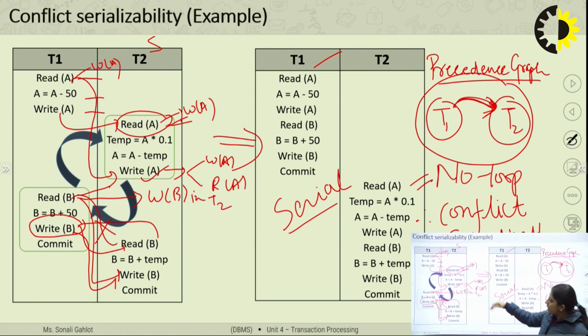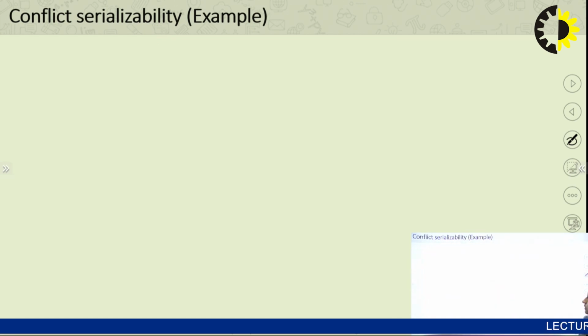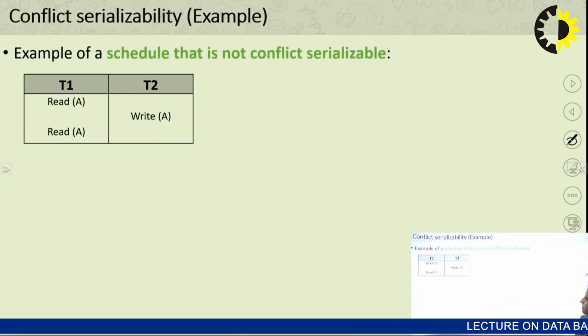So whatever the given schedule S is, if we can convert it into a serial schedule, then it is known as conflict serializable. Or we can check with the help of this precedence graph: there is no loop in this graph, so the given schedule is conflict serializable.